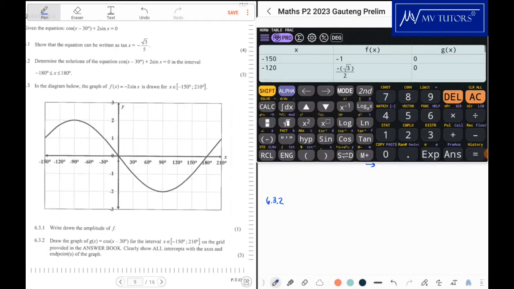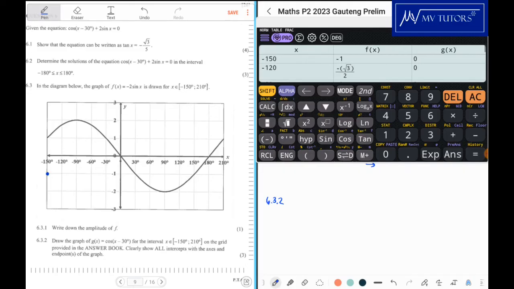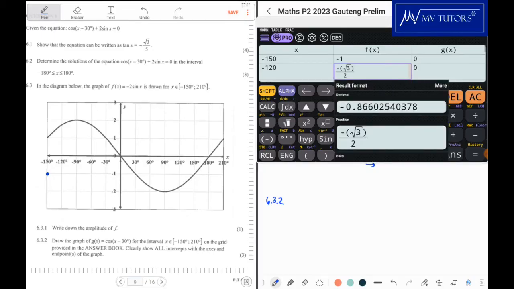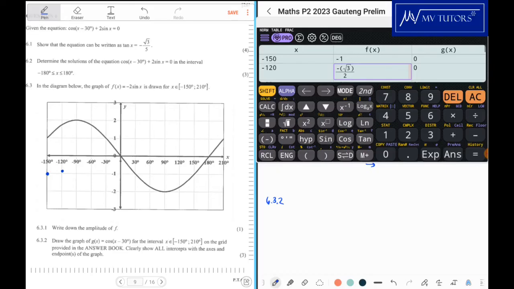And now we see, so for negative 150, I get negative 1. All right, negative 120, I get negative root 3 over 2, that is negative 0,866. So it's round about there, not necessarily accurate. And then negative 90, that's negative a half. And then at negative 60 we have 0. Negative 30 we have a half.